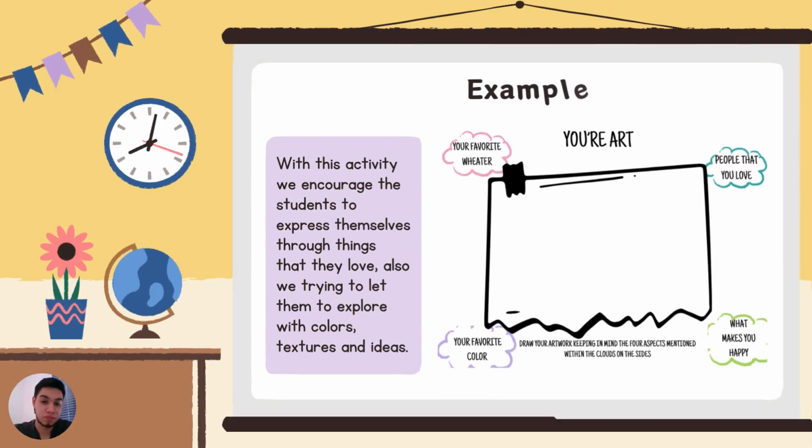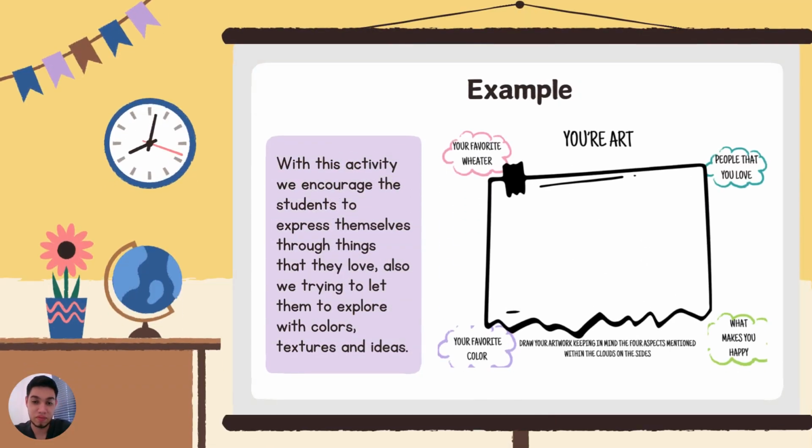For example, this is an example of the worksheet that you can give them, or they can do it by themselves. With this activity, we encourage the students to express themselves through things that they love. Also, we're trying to let them explore with colors, textures, shapes, and ideas that they have. So you can see this example and copy it, or they can do it by themselves.